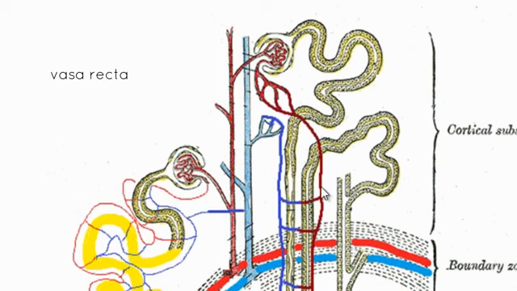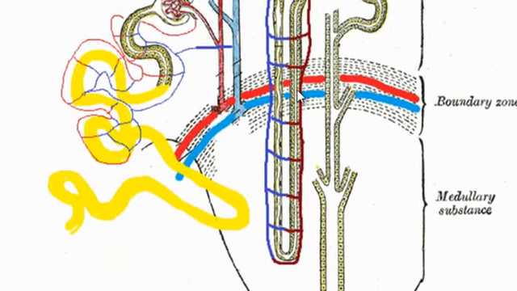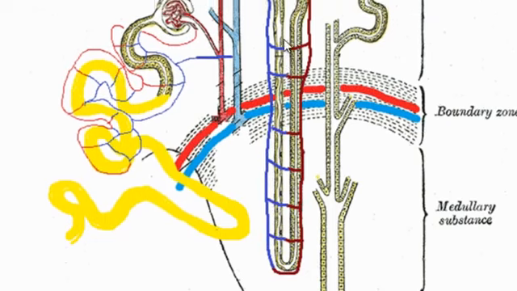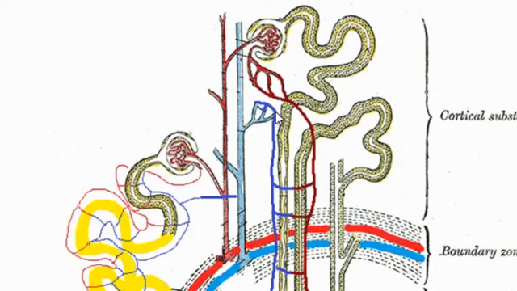So again, this is more Latin, and it just means straight vessels. So these vessels follow the loop of Henle downwards, straight downwards, hence the name, and it has this sort of hairpin turn, and it follows it again up, straight up.